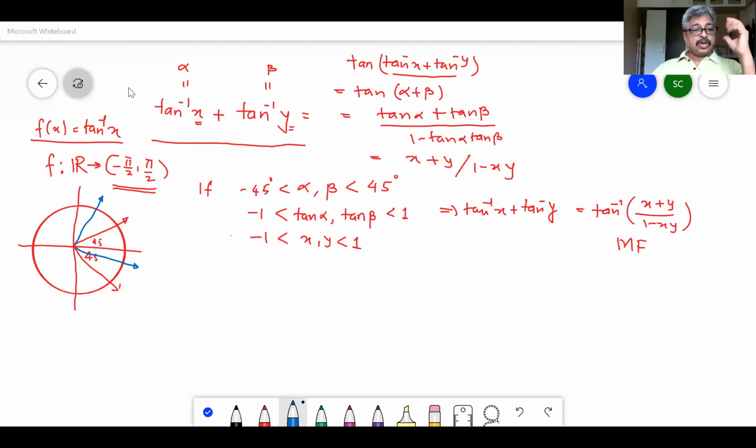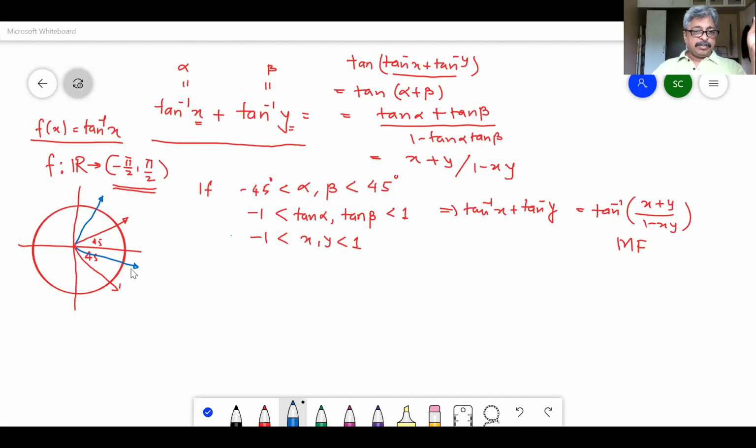Okay. So if we look at x and y, how do we recognize that one angle is in the first quadrant and one angle is in the second quadrant? If x is positive, then it is in the first quadrant. If y is negative, then it is in the second quadrant.